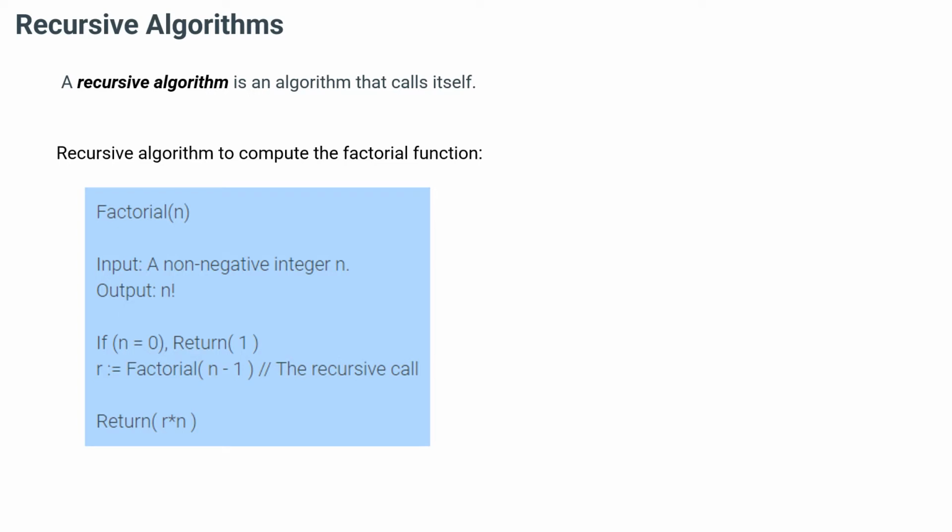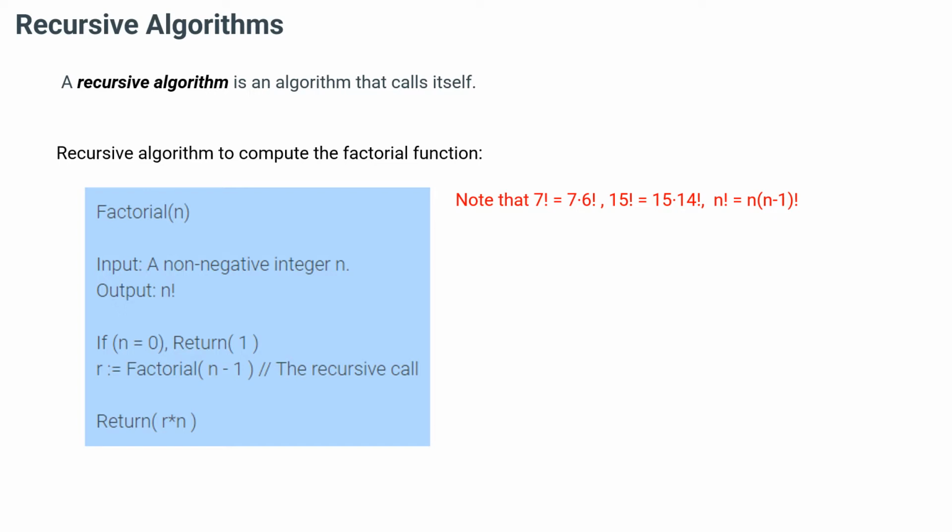Now let's think about this for factorials. 7 factorial equals 7 times 6 times 5 times 4 and so on, but we could write 7 factorial as 7 times 6 factorial. 15 factorial would be 15 times 14 factorial, and n factorial in general would be n times n minus 1 factorial. So it is true that if we return the factorial of n minus 1 times n, that is going to give us the factorial of n.